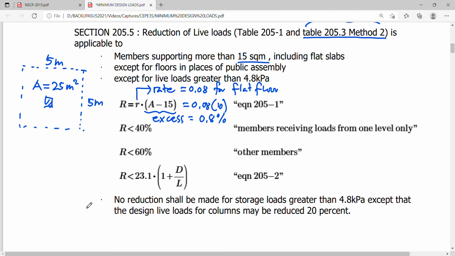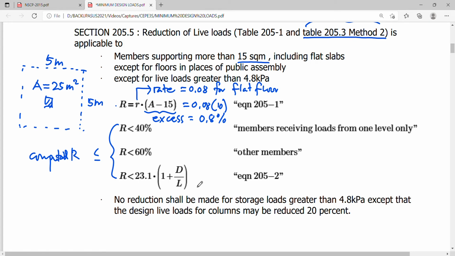So the R computed should not exceed these 3 limitations, which are based on the members receiving loads from one level only. So take note, if this column is only receiving a load from one floor, you use 40%. If not, you use 60%.